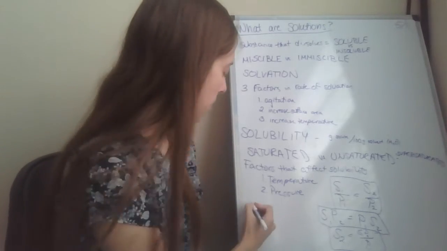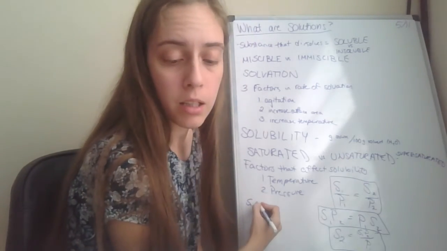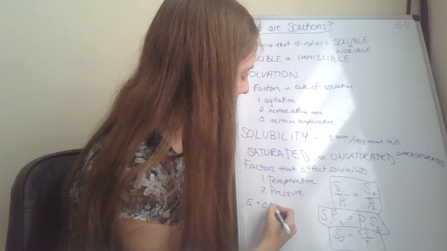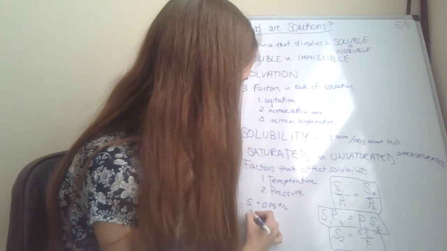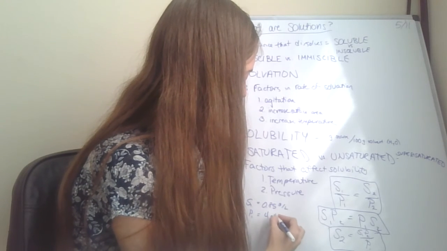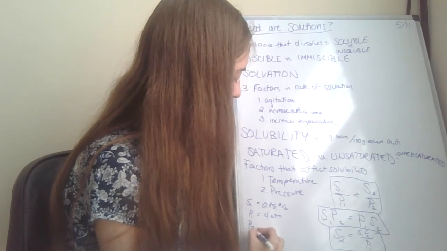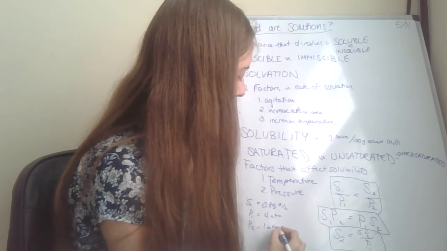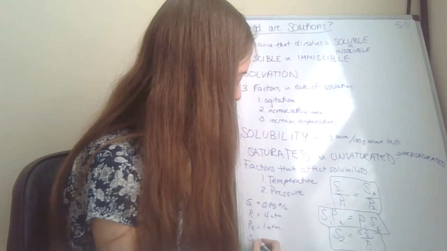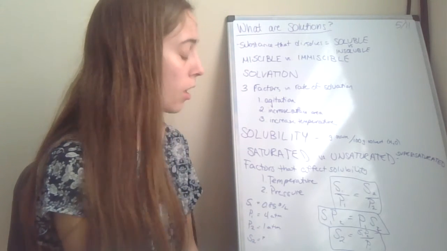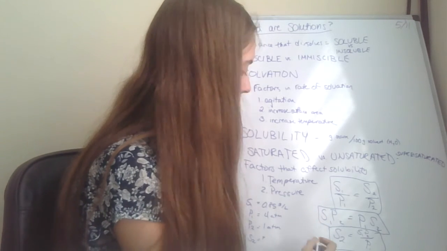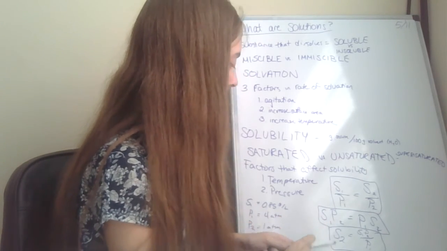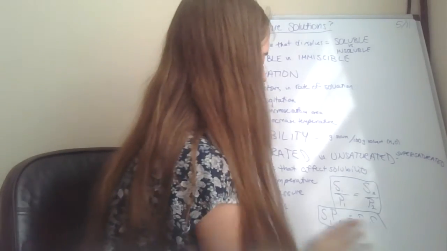So we know we were given S1, the solubility 1 equals 0.85 grams per liter. We know pressure 1 was 4 atm. We know that pressure 2 is 1 atm, and we're looking for solubility 2. So we can use this bottom version. Remember, they're all the same.